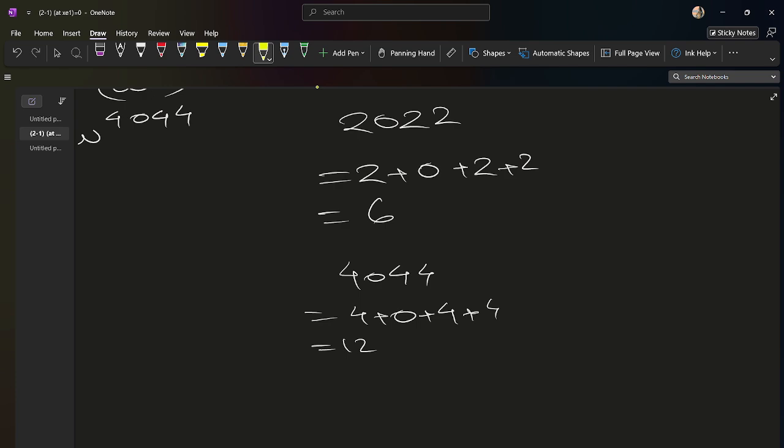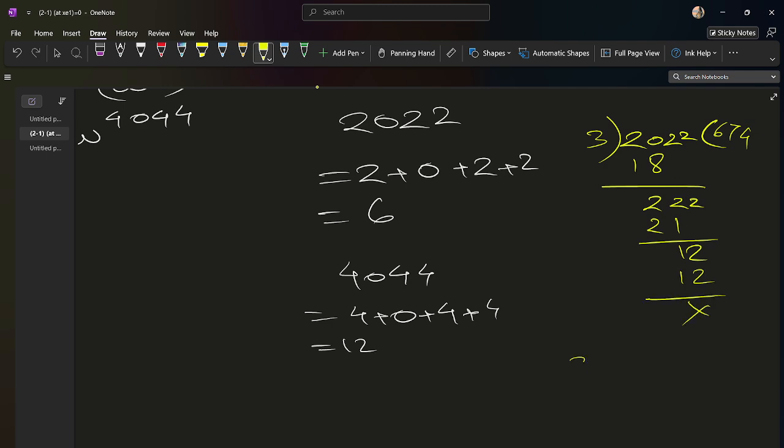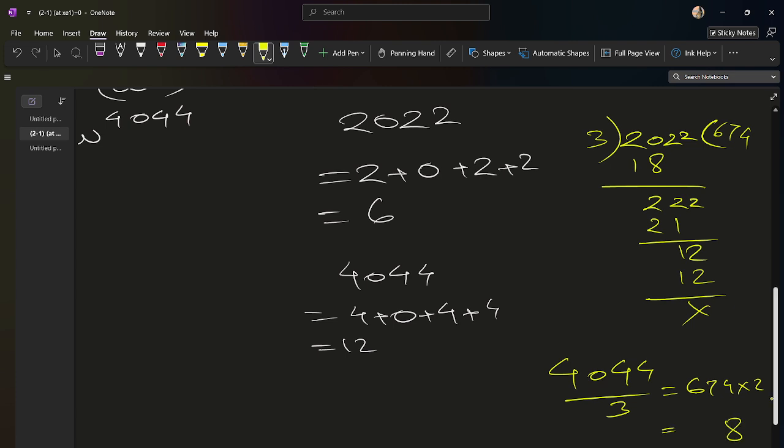Let me calculate exactly: 2022 divided by 3 is 674, and when we divide 4044 by 3, we get 674 into 2, which is 1348.